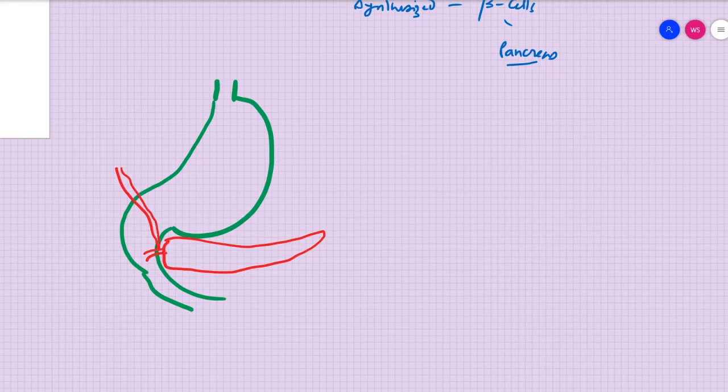So this is the stomach, and this is our depiction of the pancreas. So this is a leaf-like organ that sits somewhere like this in relation to the stomach.